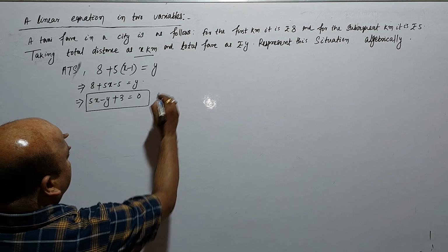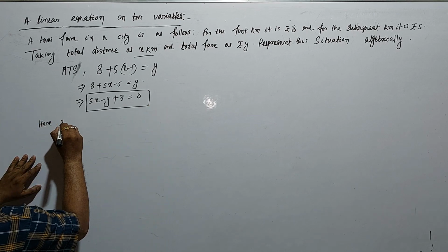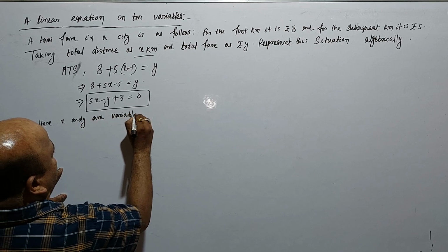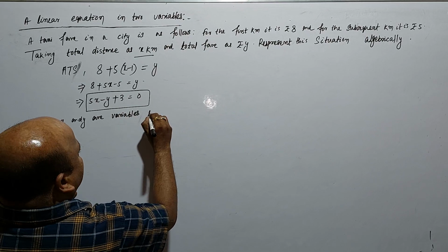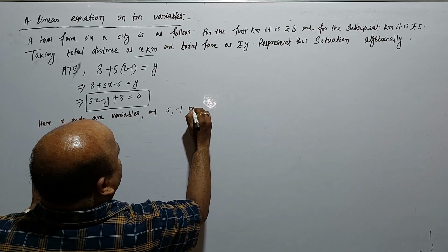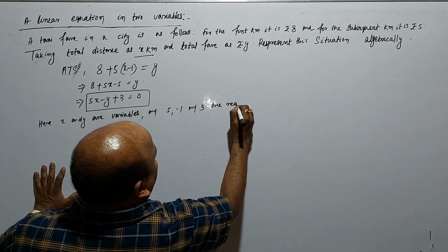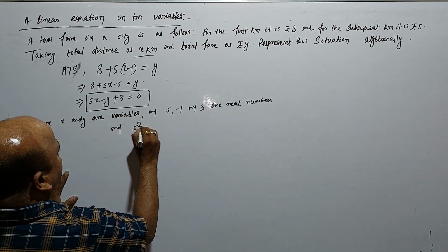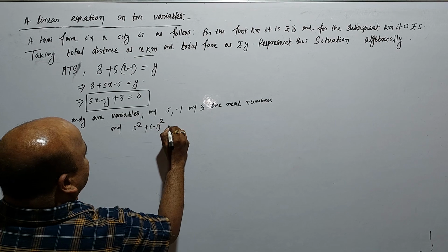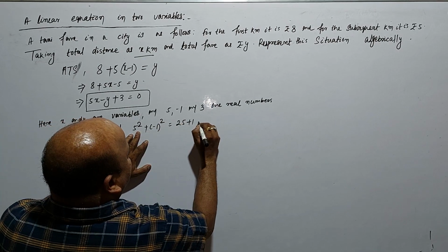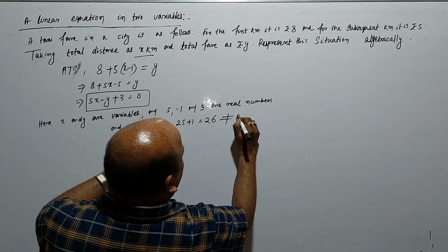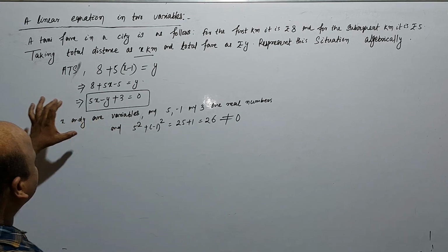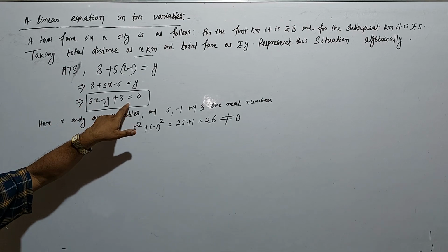Okay, and here x and y are variables, and their coefficients 5, minus 1 and 3 are real numbers, and 5 square plus minus 1 square, that is equal to 25 plus 1 is equal to 26, never equal to 0. It is not equal to 0. Okay, and what is the geometrical meaning of this line? It is a straight line.